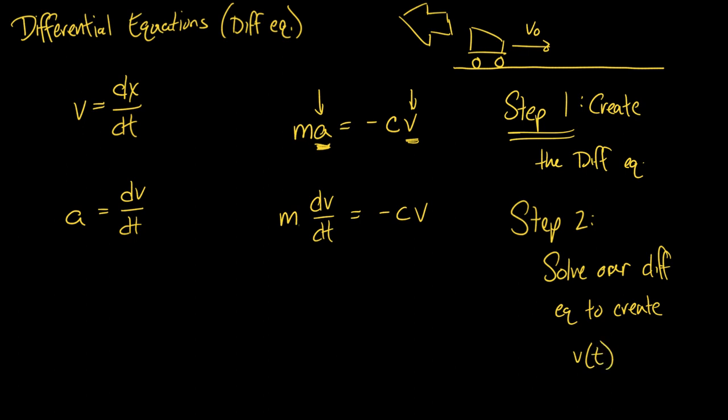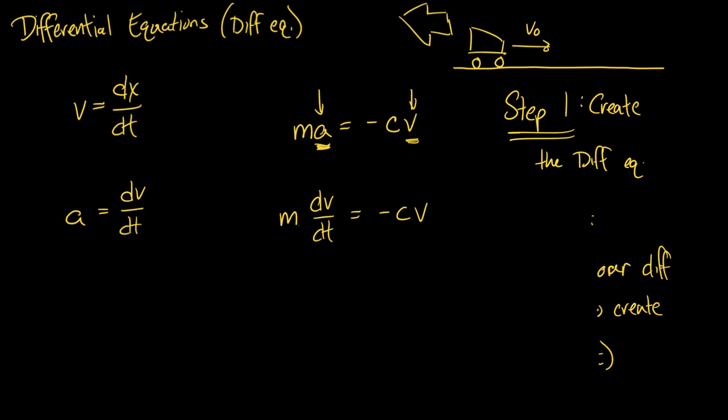We want to solve our diffeq to create v as a function of t. We want to create a function for velocity. Now this has many more steps. This is where the real work begins. But it's kind of nice to know actually you usually get a point for creating the differential equation. 1 whole point for that substitution.